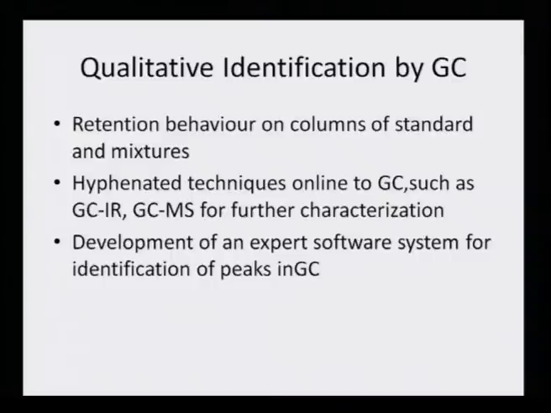Development of expert software for identification by GC. So, these are various qualitative methods of identification by GC. We have already seen that GC, when coupled with an MS, gives us further information. GC, when it has done its separation and is coupled with IR, gives us a very detailed account of the types of compound that are present.